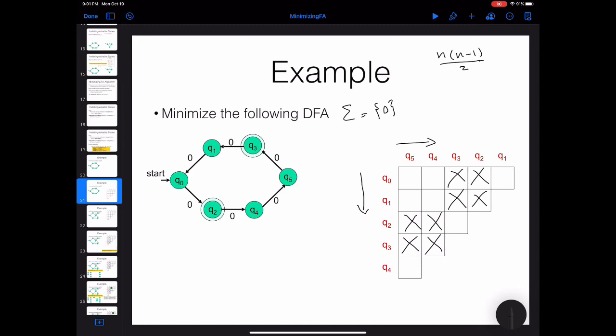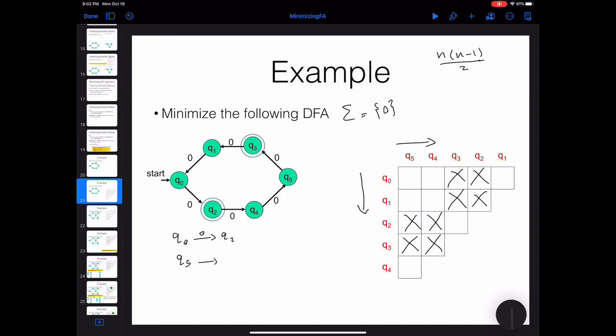So the very first pair that we are checking is going to be Q0 and Q5. You should check all the behaviors for these states. In this case, the alphabet is going to have just one character, so only one transition is going to be checked. From Q0 over 0, I am going to Q2.